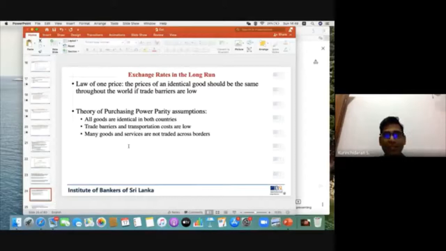Okay, up to now we have seen exchange rates, how that is calculated, different rates, and then how that is arrived at based on the law of one price using purchasing power parity.